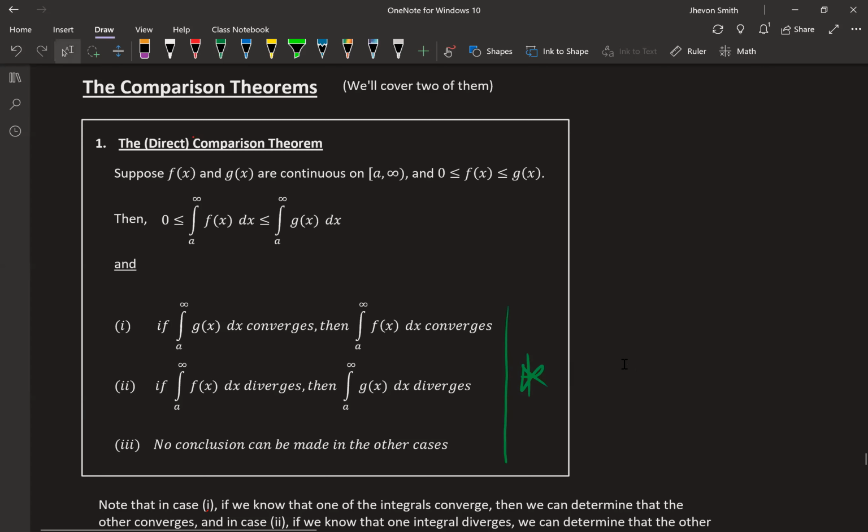Okay? So basically, if the larger integral converges in this scenario, then the smaller integral is forced to converge. If the bigger one converges, meaning the bigger one stops at a finite value, then the integral in the middle is going to be between 0 and some finite value. And it will have to stop at some point.